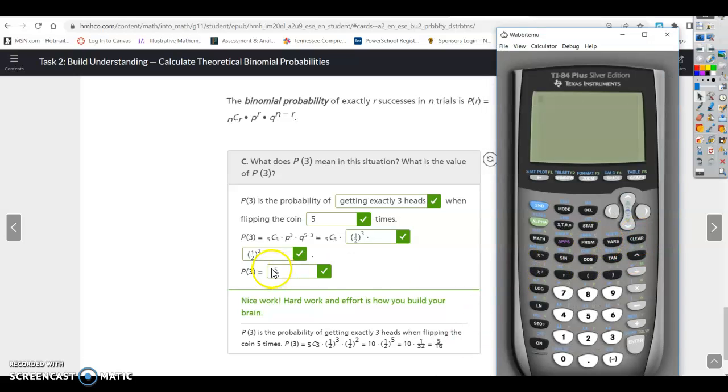If we want to do this formula here, we're going to do 5C3, so 5 combination 3, and then we're going to take that answer and multiply it times 1/2 raised to the 3rd power, and then multiply that number times 1/2 squared.